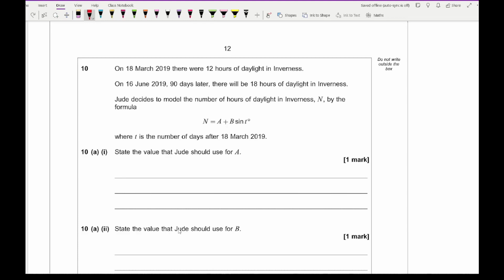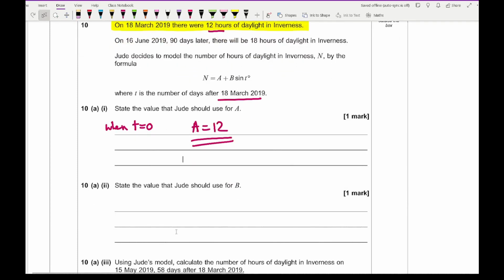So a is the initial value, so when t equals 0, because t is the number of days after the March the 18th, n is going to be 12. So a equals 12. It then says state the value that Jude should use for b. Well, this is going to be where t equals 90.